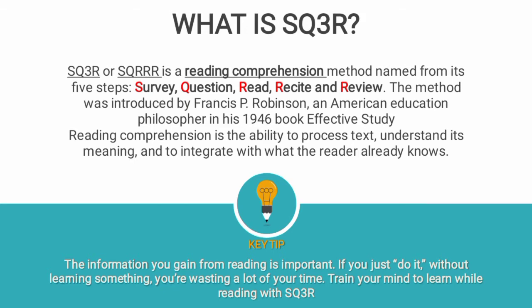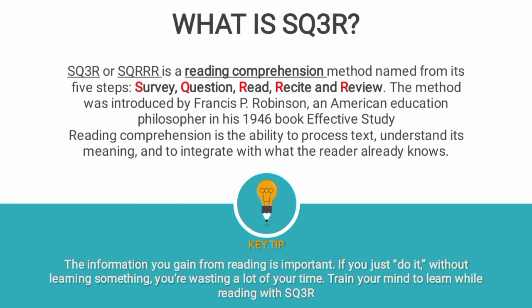So one key issue that I want to point out here is that the information you gain from reading is very important. And then there's this thing that you just do the reading without getting something. Whenever you read something, whether it be a sentence, you must take keen interest in learning something from that.